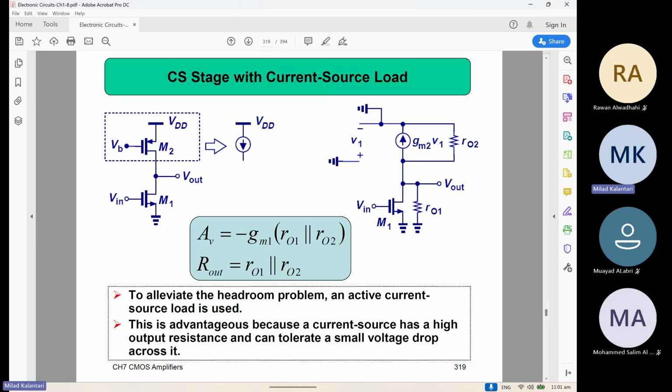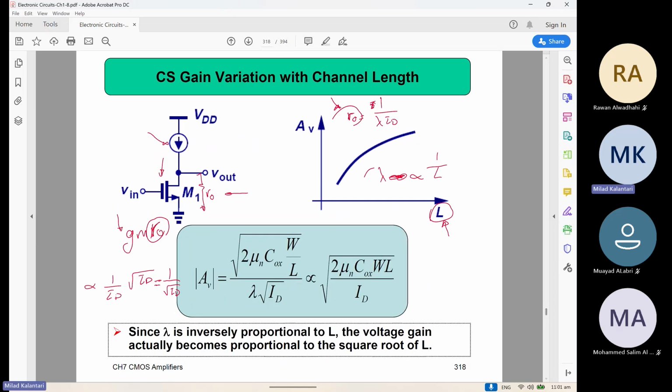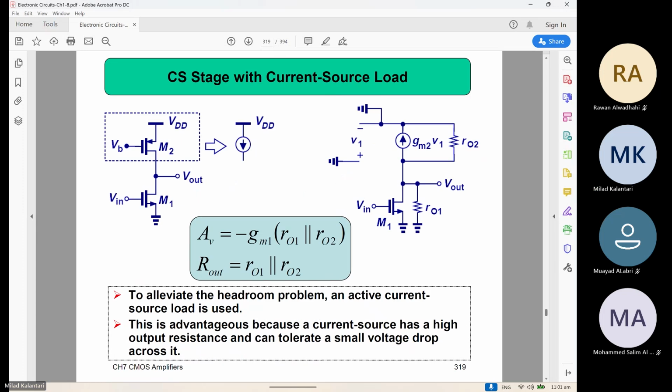Let's say we are trying to get the highest gain. We put the current source here so that we do not load this output node with extra resistors, because we want to increase the GM RL to the maximum, right? We need to increase the RL to the max. In fact, we can make this current source with another device.